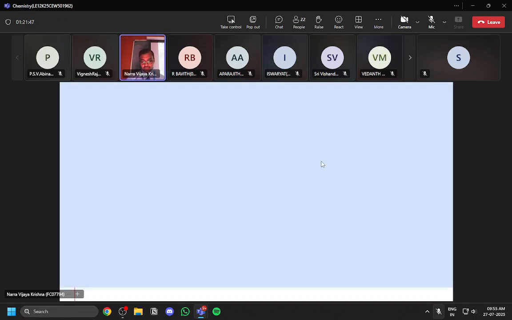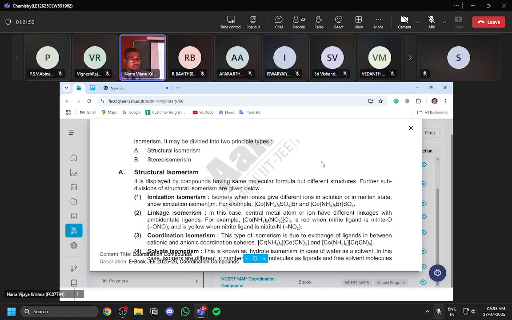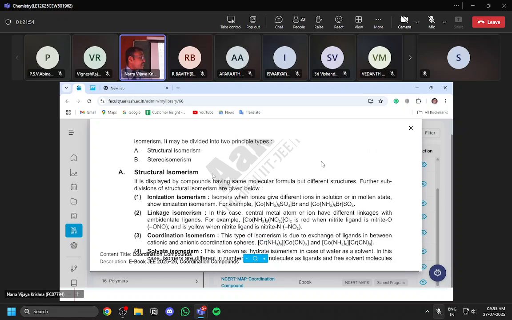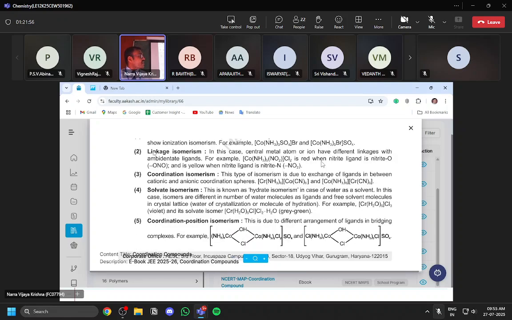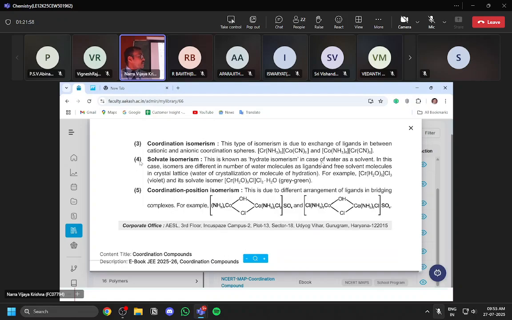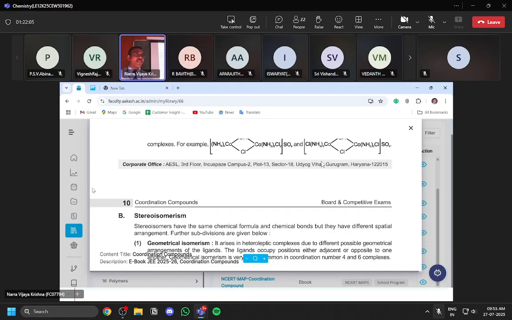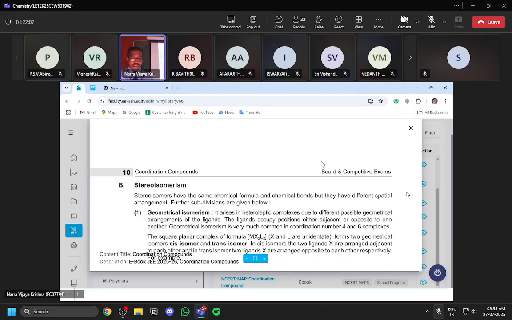Now see this. We are seeing isomerism in which first one? Structural isomerism. In structural isomerism: ionization isomerism, linkage, coordination, solvation, coordination position. Done. So all these types of isomers are done. Now we are going to stereoisomerism.